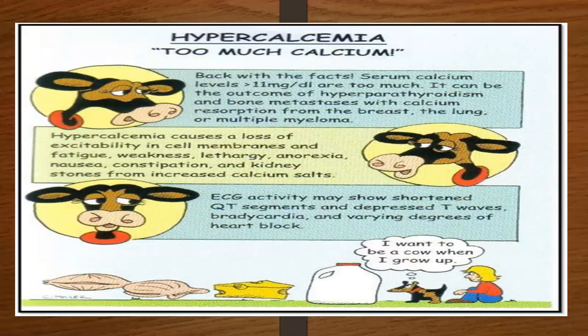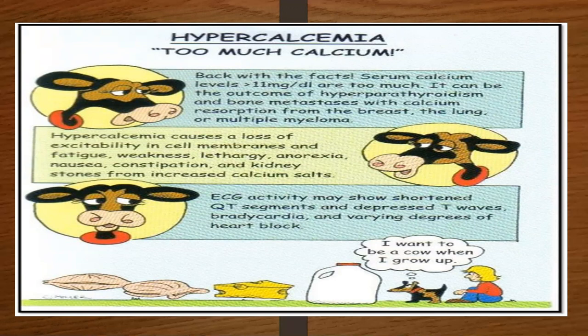Now, hypercalcemia. So when we think about potassium, we think about bananas. And when we think about calcium, we tend to think about cows and milk. So it says, back with the facts, serum calcium levels greater than 11 milligrams per deciliter are too much.